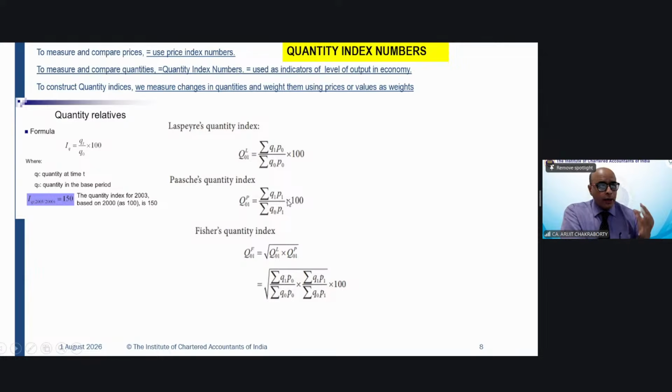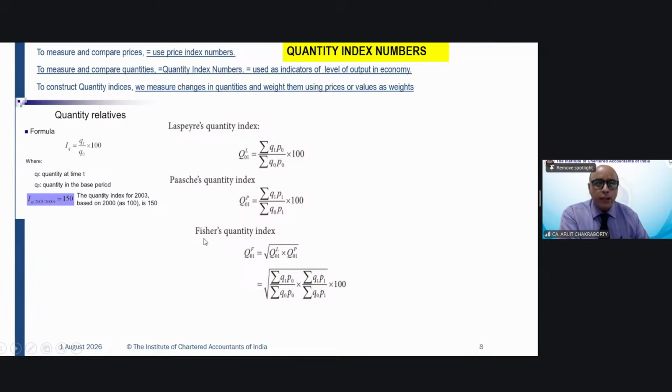Similarly, purchase quantity index number, what is the basic feature? पहचान क्या है? Purchase index number, इसका मतलब है weight जो होगा वो current year का होगा. So in the case of purchase quantity index, as you can see, sigma Q1 P1 divided by sigma Q0 P1. यानी Q1 is the quantity of the current year, लेकिन weight यहाँ पे क्या है? P1. Please note the same weight P1 is used both in the numerator and the denominator.